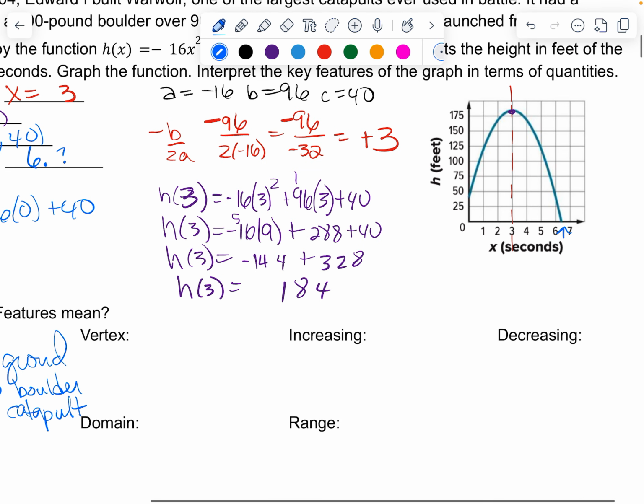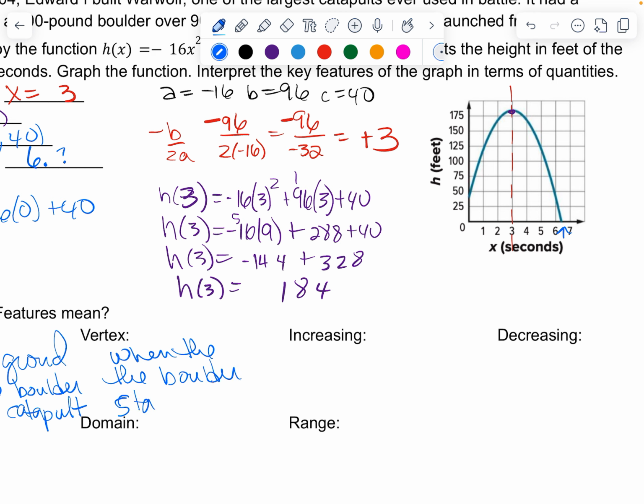The vertex point is when the boulder starts to fall. When is it increasing? It increases from here to here.